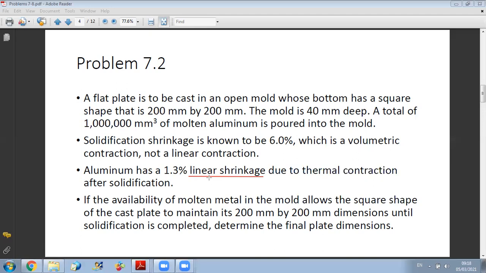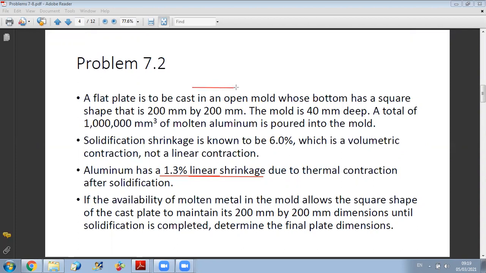Okay? So let us use first the information provided. What does it mean that I have 1.3% linear shrinkage? It means that each side of my final cast will be reduced by 1.3% at the final phase. So until now, after phase 1, what will be our dimensions?